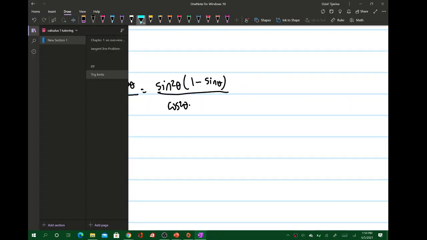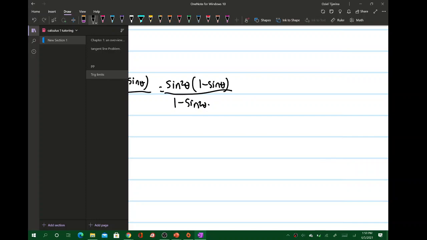Now, cosine squared theta is 1 minus sine squared theta.